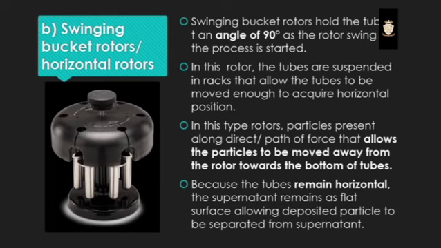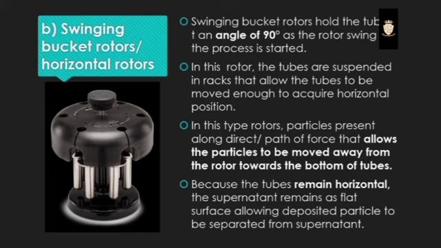Second one, swinging bucket rotors or horizontal rotors. Swinging bucket rotors hold the tubes at an angle of 90 degrees as the rotor swings when the process is started. In this rotor, the tubes are suspended in racks that allow the tubes to move enough to acquire a horizontal position.